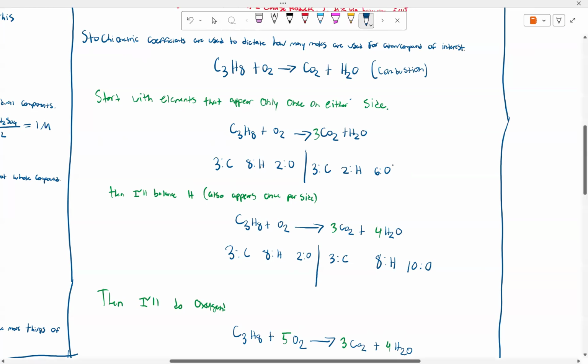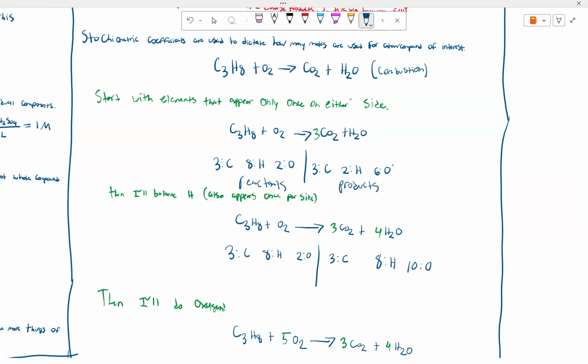Over here, I see that there are three carbons, and over here there's one carbon, so I'll add a coefficient of 3 in front of this molecule. Now I'll keep tally, and I have this little line right below the arrow to indicate that this is the reactant side, and this is my product side.